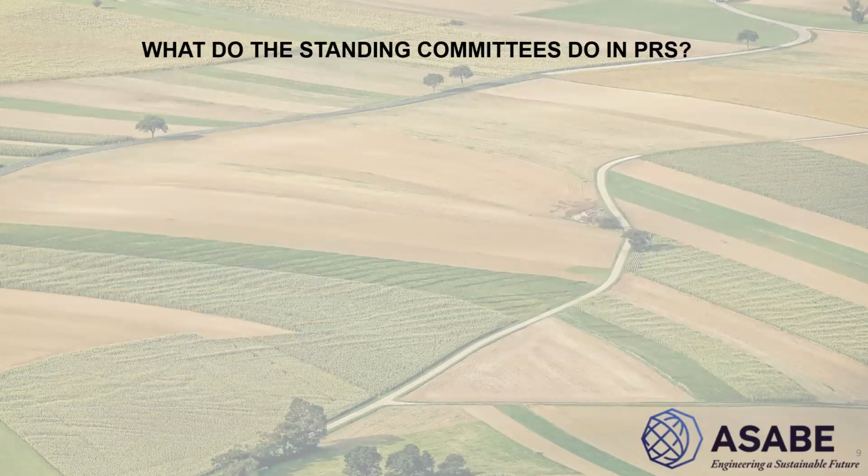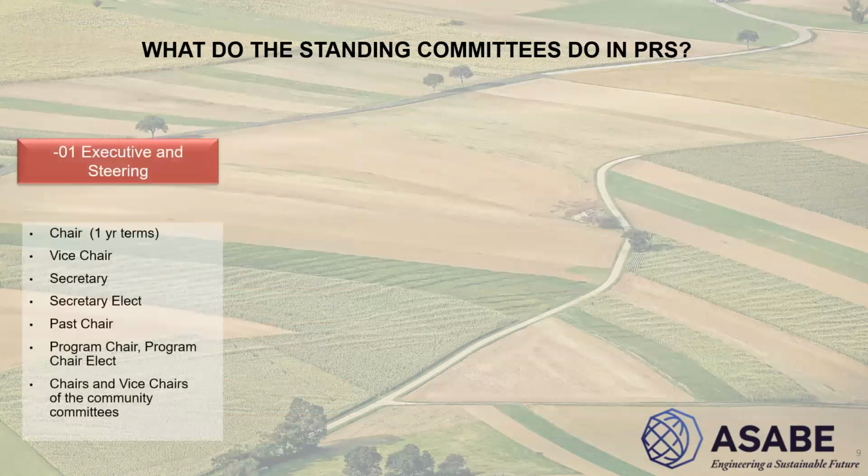Within each of the technical communities, we drill down through their structural organization. So we have O1, which is the Executive and Steering Committee. It's made up of the elected officers that we named, who are the executives, and in this case, also the chairs and vice chairs of the community committees.